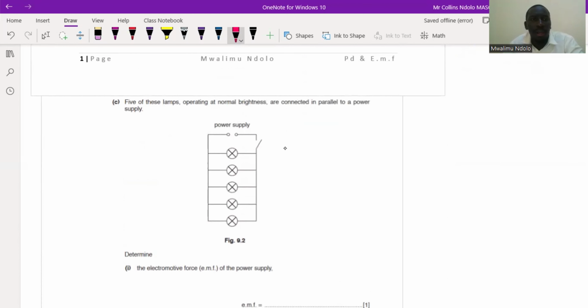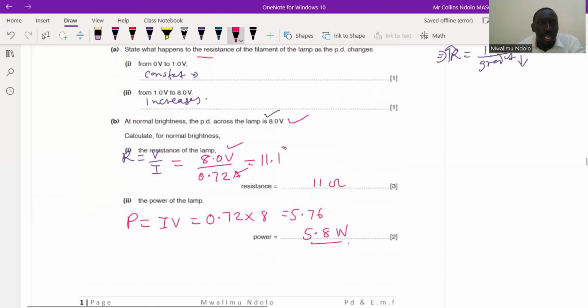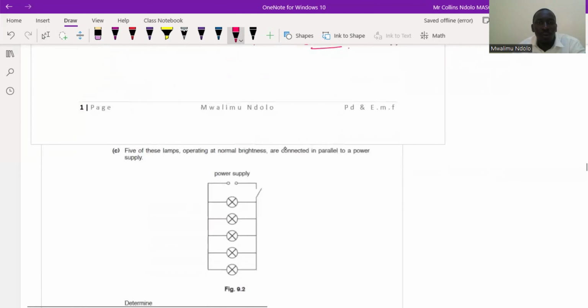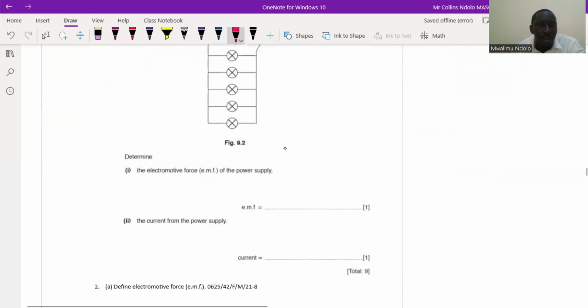Now 5 of these lamps operating at normal brightness are connected in parallel to a power supply. For it to operate normally, we have been asked here, at normal brightness, the PD is 8, and the current, we have realized, is 0.72. So we have almost everything.